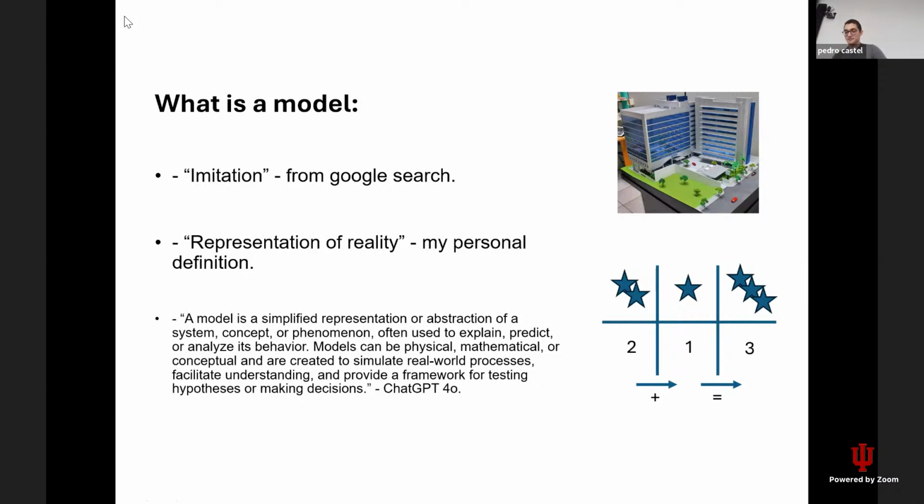One example is, at the top right, a map of a building. It's not the building itself, but it's representing it. And you can even build these kinds of models to study, for example, mechanical tension on the building.